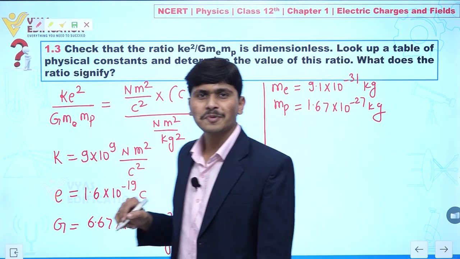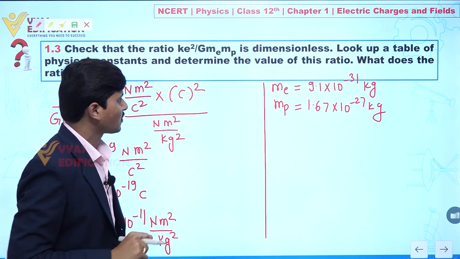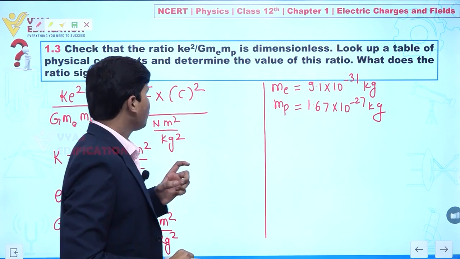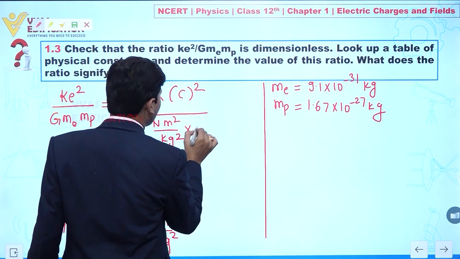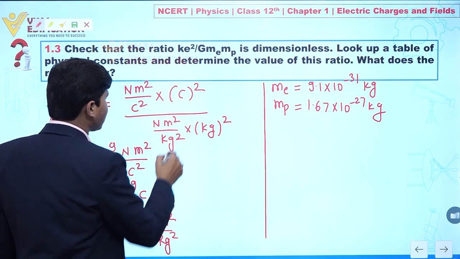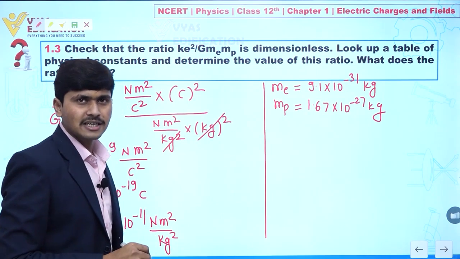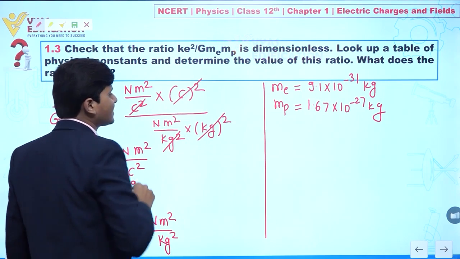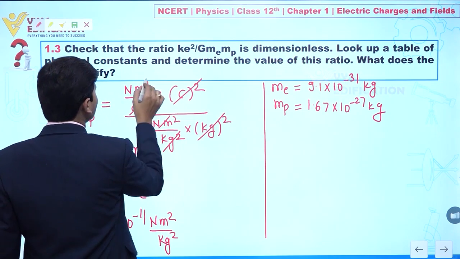Definitely you can say the mass of a proton is greater than the mass of an electron. Yes or no? Now the units of masses are kilogram. From here kilogram square is cancelled out, Coulomb square and Coulomb square are cancelled out. Clear? And Newton meter square is also cancelled out.